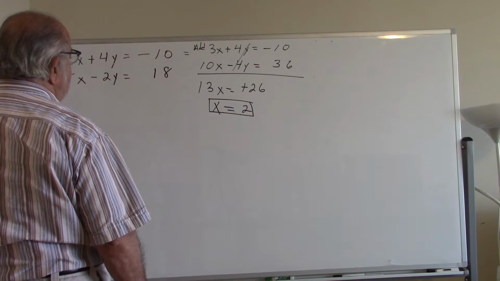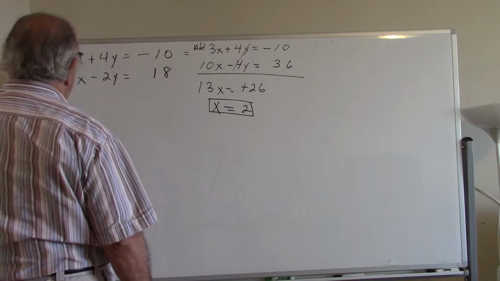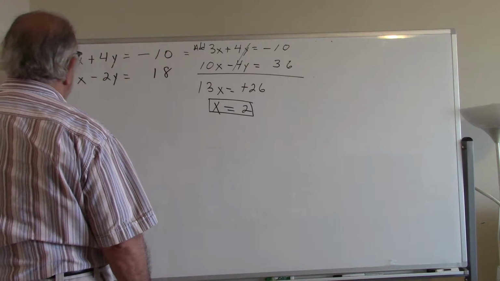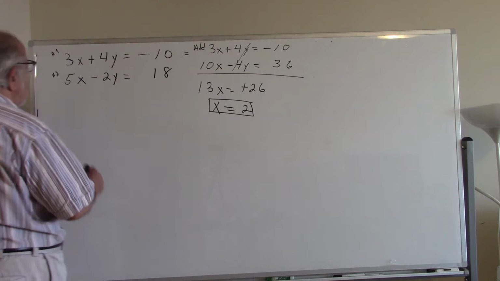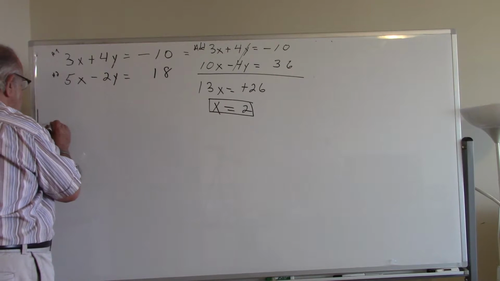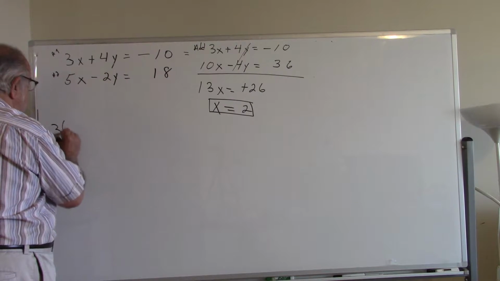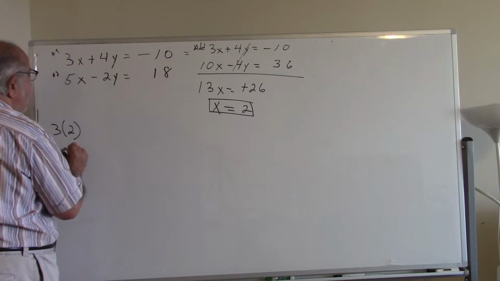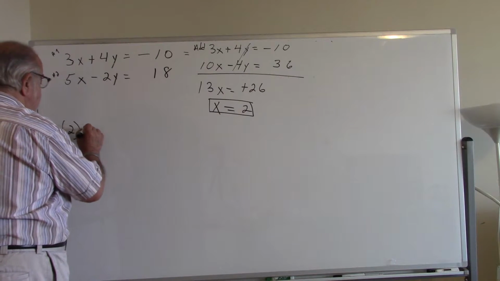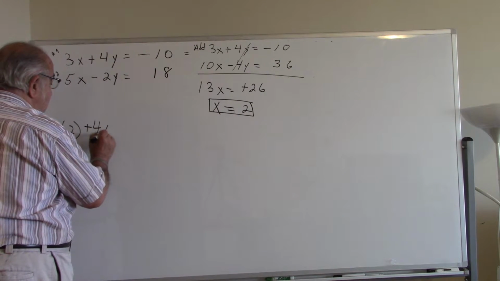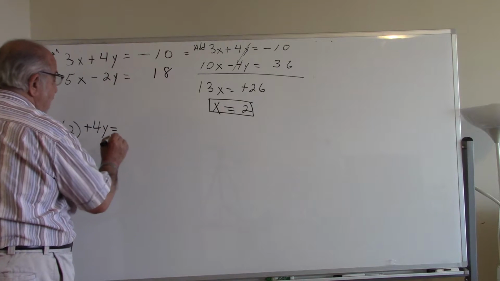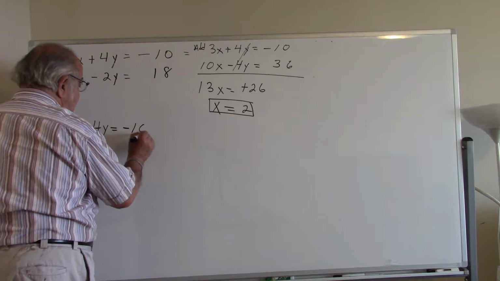We just have to plug in a 2 where we see x. So let's go back to the first equation. 3 times 2 plus 4y equals minus 10.